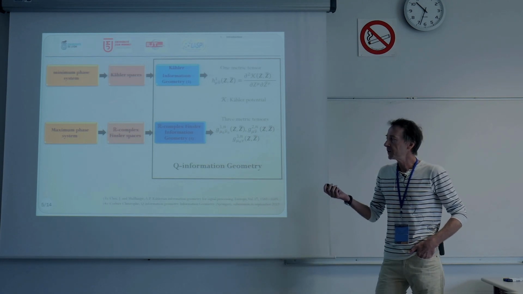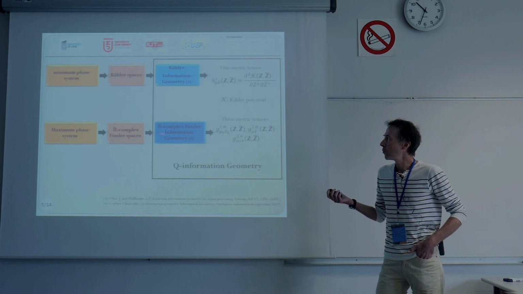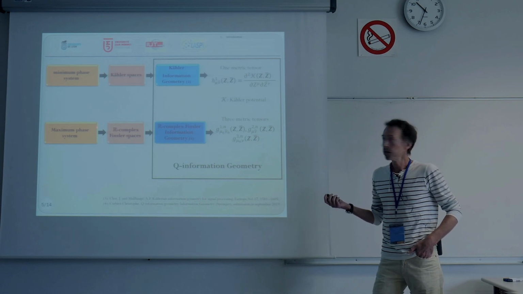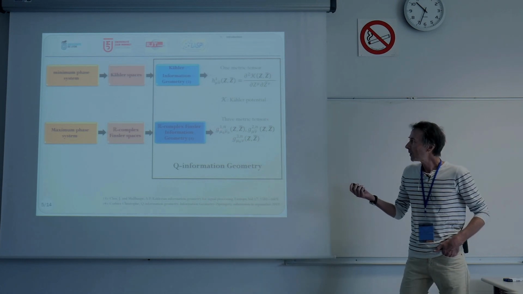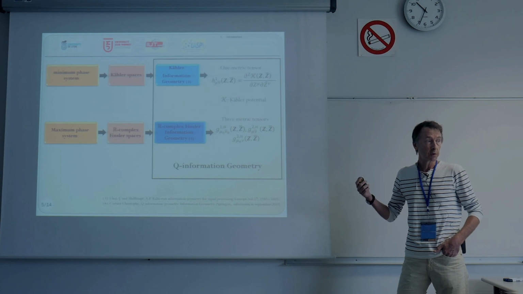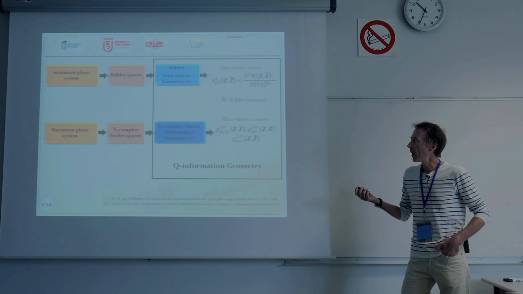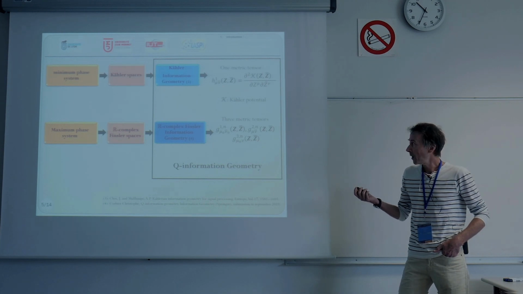The Kähler spaces become complex Finsler spaces, and I introduced the complex Finsler information geometry, leading to three metric tensors: G1 and G2, which are two Hermitian metric tensors, a square, and G3, which is a non-Hermitian, non-square metric tensor.